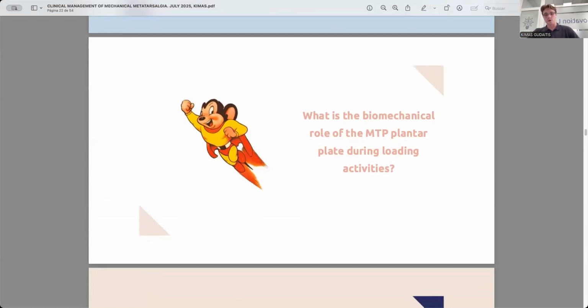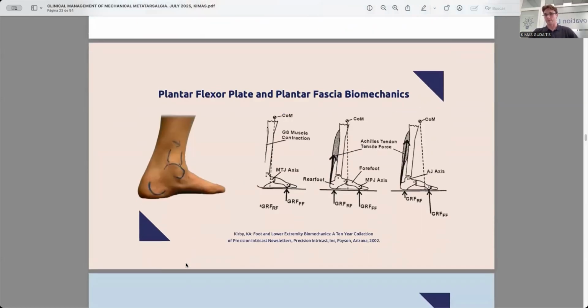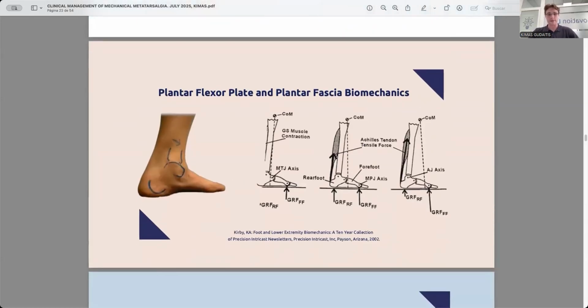What is the biomechanical role of the plantar plate? Well, the plantar fascia is closely connected to the plantar plate, which continues towards the proximal phalanx here. Because of this relationship, we can say that the plantar plate is the main stabilizer of the metatarsophalangeal joint, keeping the toe in contact with the ground. It works in a passive way, meaning it's not controlled by the central nervous system.